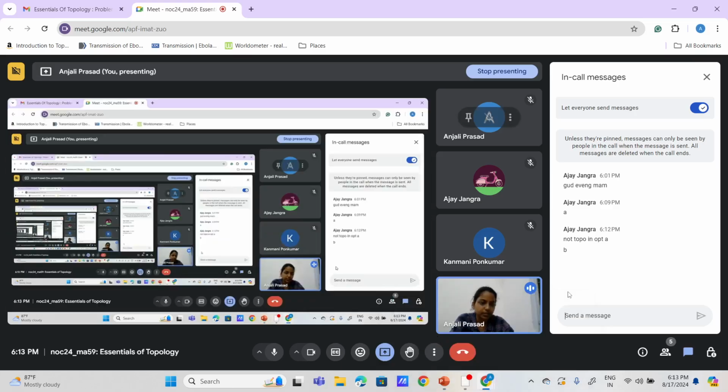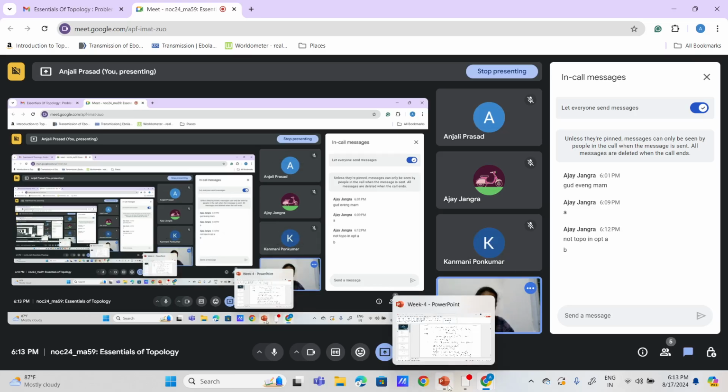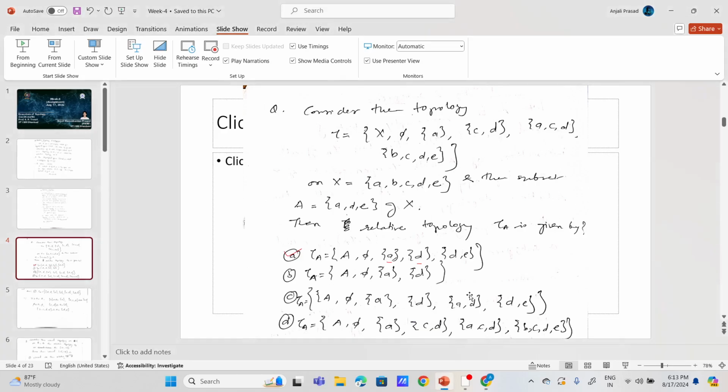So you're saying B. Is it correct? The other person, is it correct? Are you also getting B? For relative topology, what you need to do basically, you need to take the intersection of this set with the open sets in tau, right?